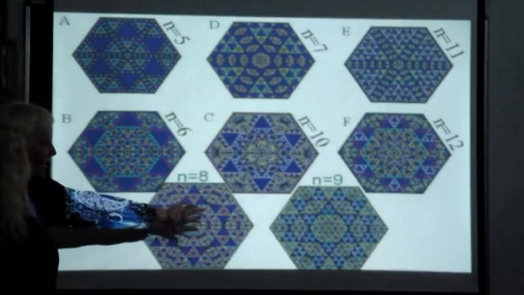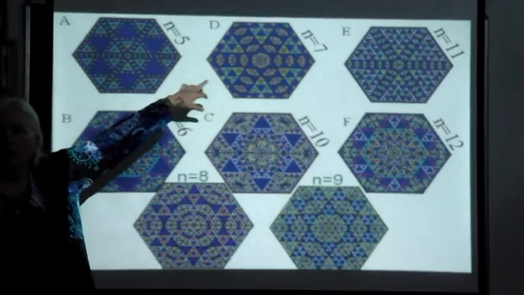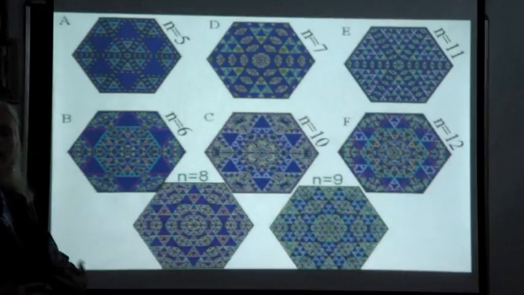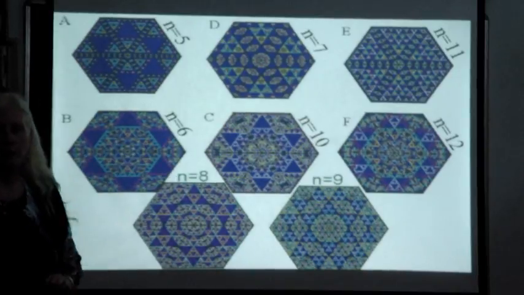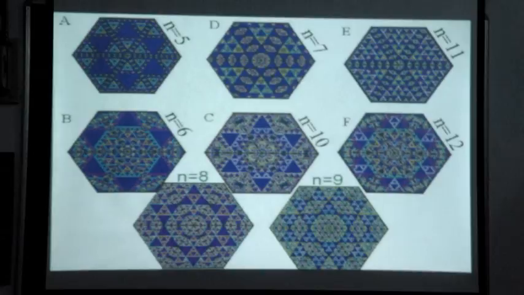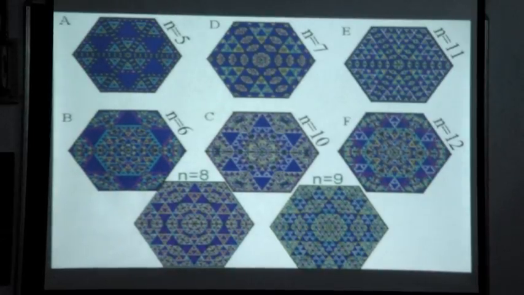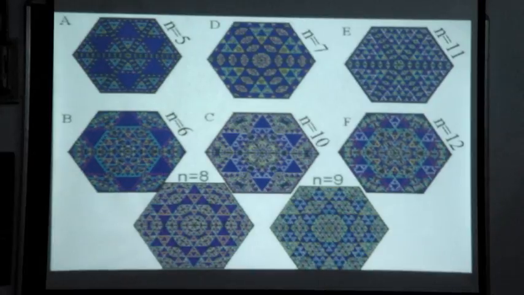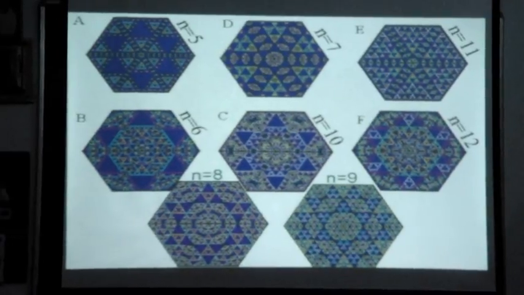8 and 9 are more complicated than the ones on the top row, I think, but a little less fraught than the ones in the middle row. 8 and 9 are not primes, but what would make me think that 8 and 9 would be different than 6, 10, and 12? 6, 10, and 12 have relatively prime factors, more than one prime factor.